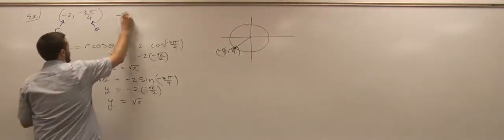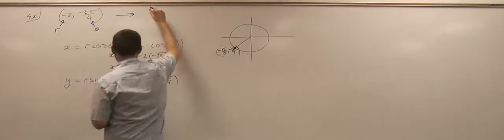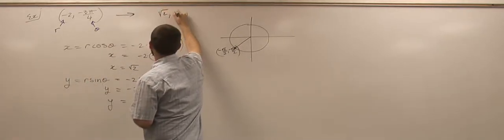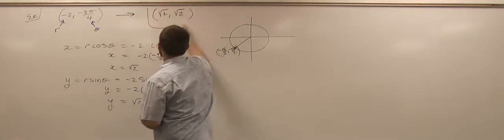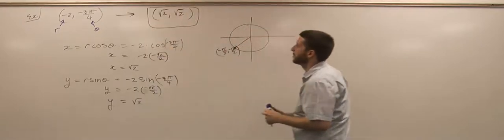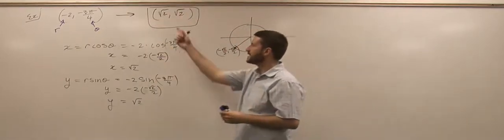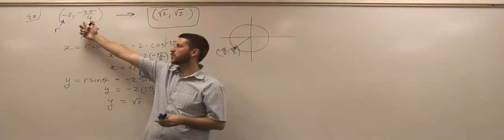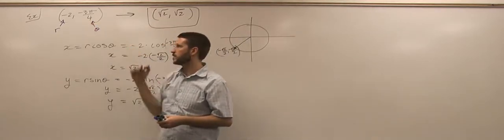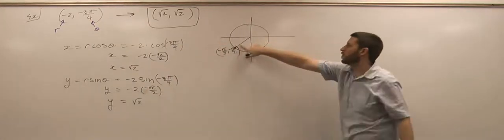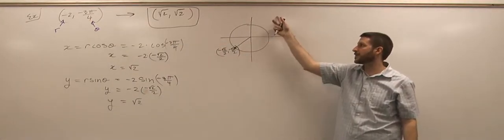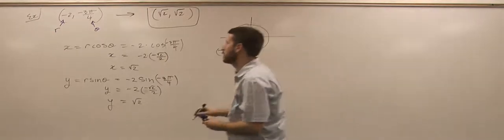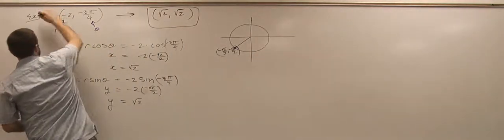So my rectangular point here would be (root 2, root 2). Does it make sense if this is in the first quadrant? Would you land in the first quadrant if you graph this? Yes. Sure, right? Because negative 3π/4 lands here, and then you flip it back. Well, I'm convinced that we did it right.